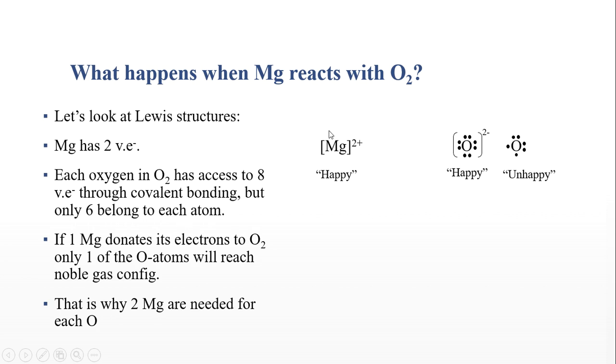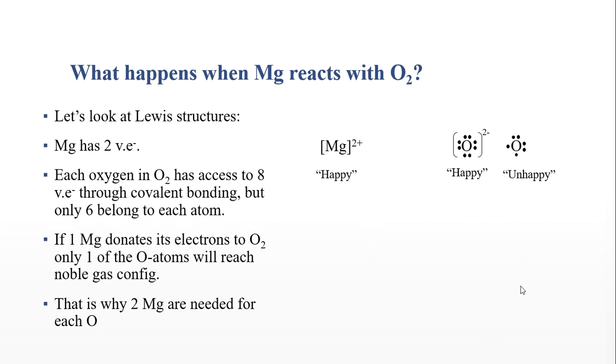We have a happy, in quotation marks, because they can't feel, right? But a happy magnesium ion, a happy oxide ion, right? And an unhappy oxygen molecule, because this poor guy has not reached a noble gas configuration yet. So this is unlikely to happen, because this oxygen doesn't get a noble gas configuration.